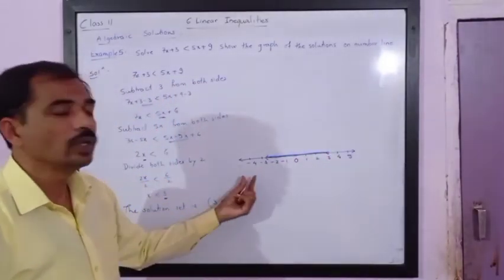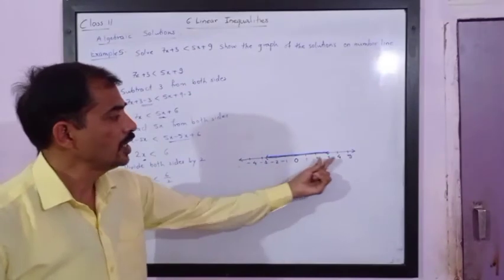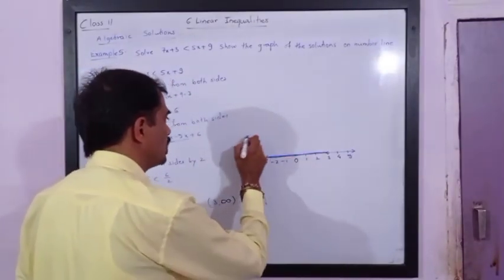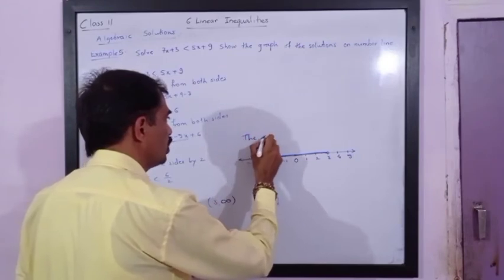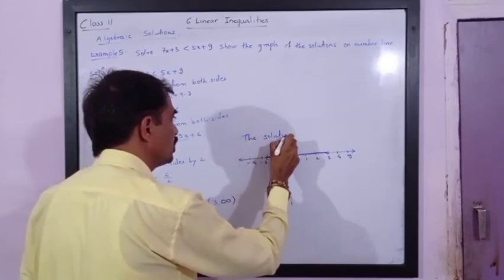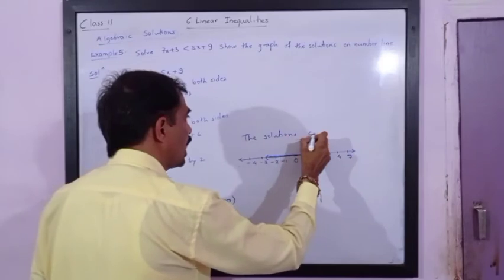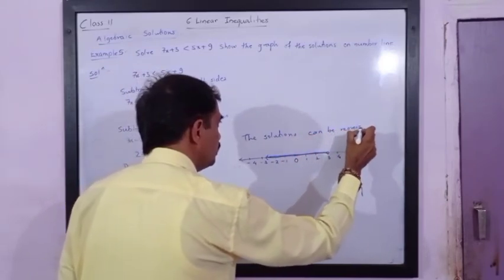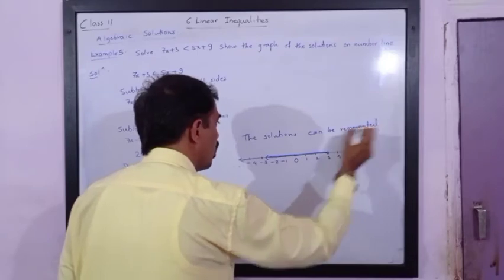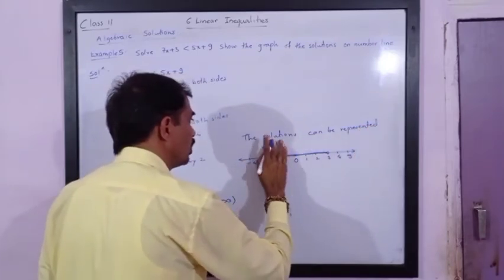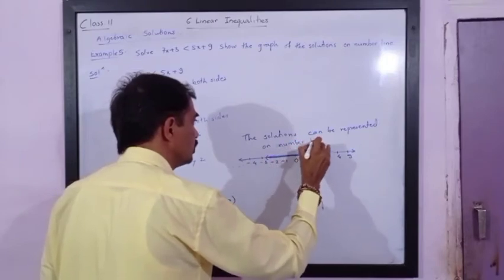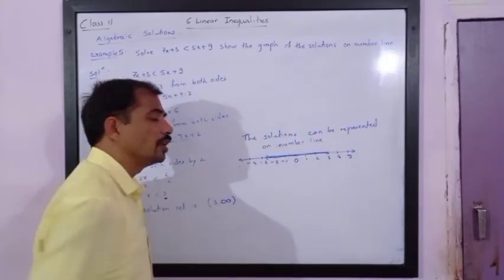So graphical representation is something like this. So I am writing here the solution set. The solutions can be represented on number line in this way.